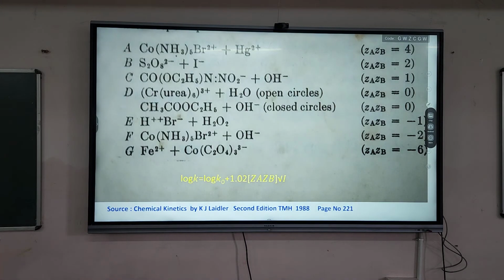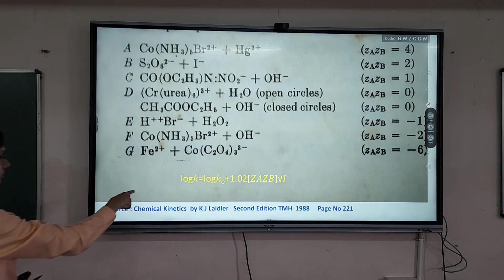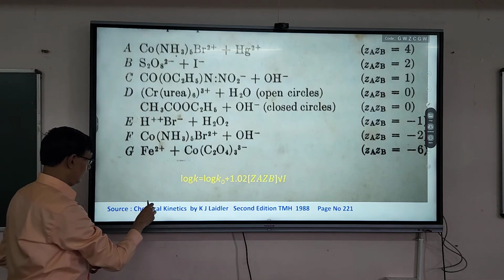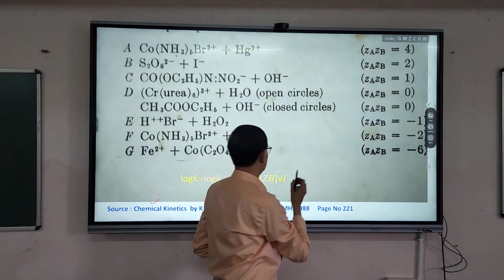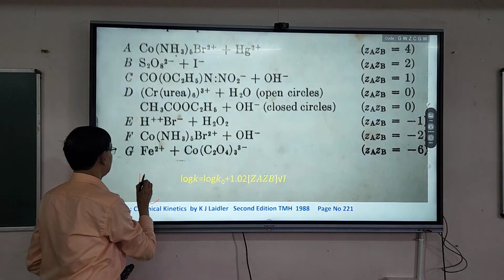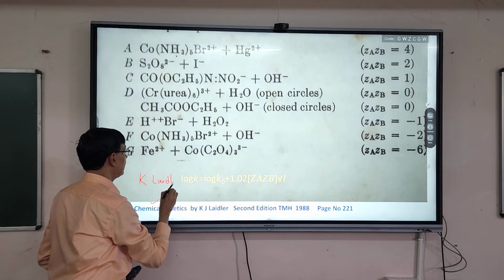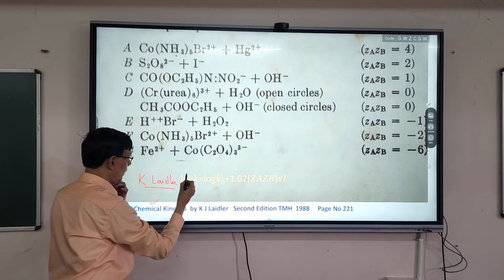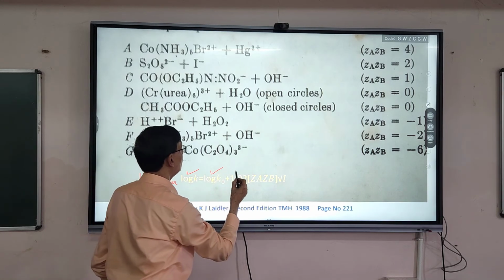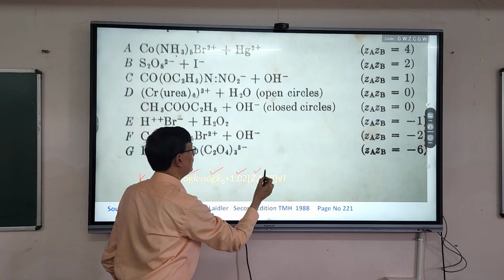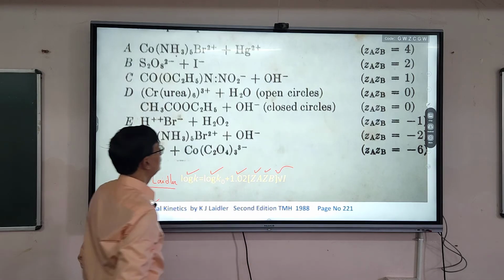Now I have already written the formula, and I have taken this example from Laidler, a very good book. So now you predict. This is the formula: log K equals log K0 plus 1.02 ZA ZB under root of mu.